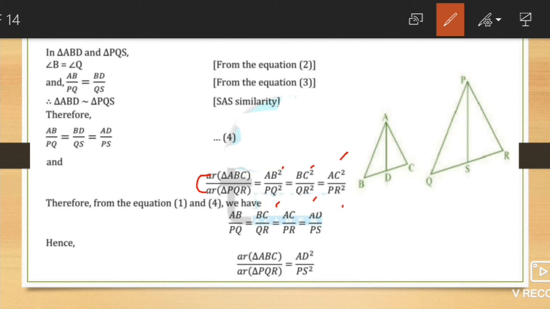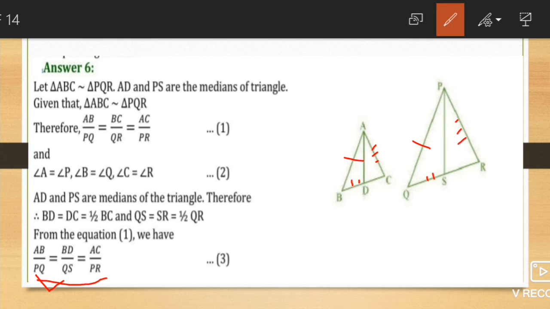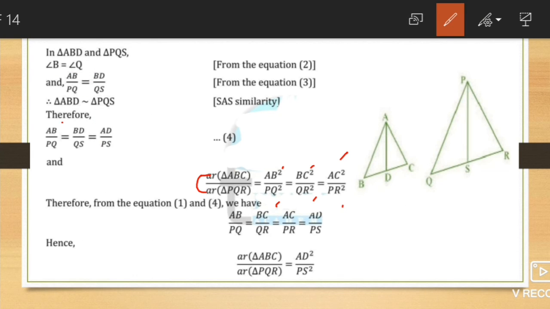Now if you combine equation number 1 and 4, look here: AB by PQ was equal to BC by QR is equal to AC by PR. AB by PQ was there. Again, if you check equation number 4, AB by PQ is also there, but now the ratio is BD by QS and AD by PS.